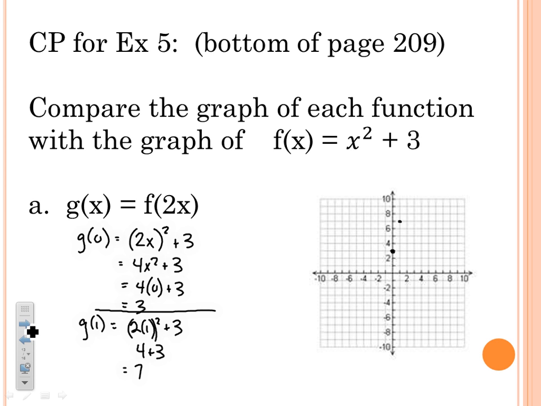If we had g of negative 1, let's try that. So putting in our negative 1, we get 1 squared plus 3, which is 4. So negative 1, 4.